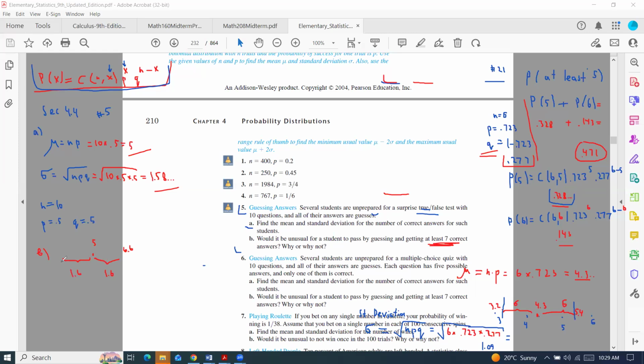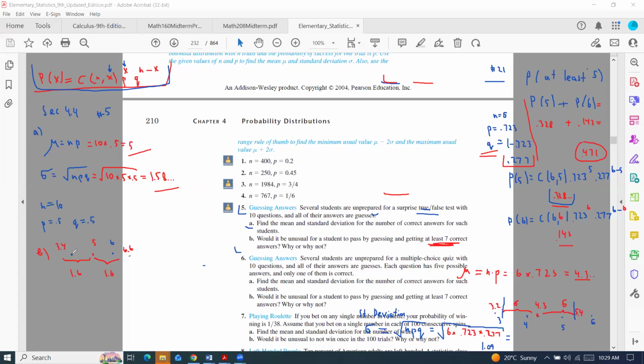Or if I subtract it from 5, it will be 3.4. So when you do pure guessing, and of course I know that some students use common sense, they don't do pure guessing, even though they say guess the answers, they read them and throw away the ones that are not making sense.